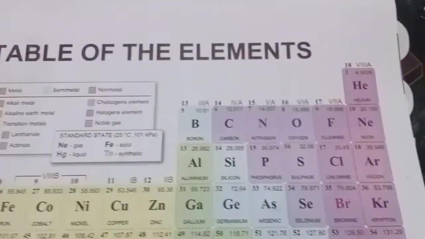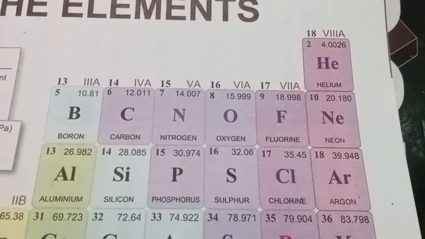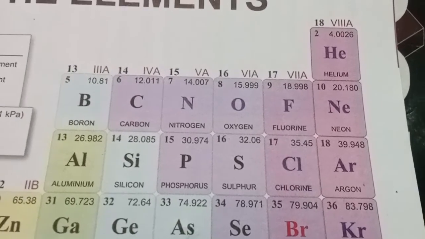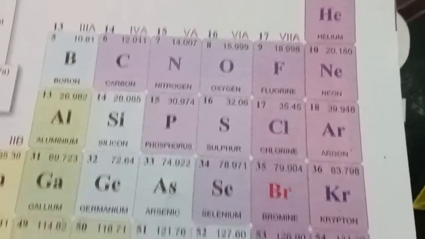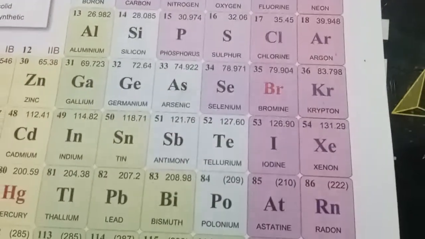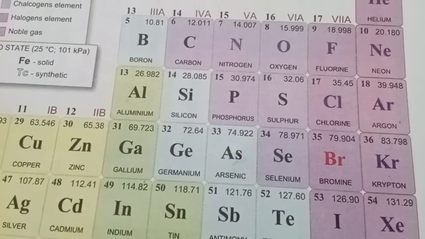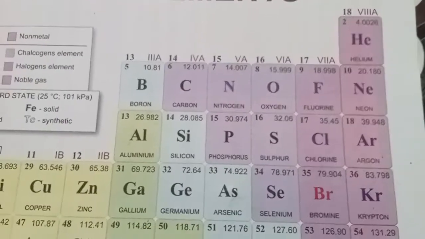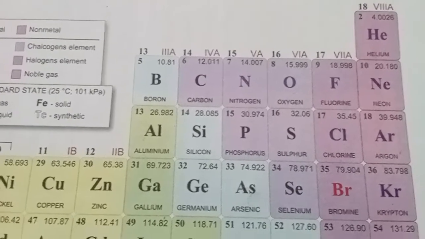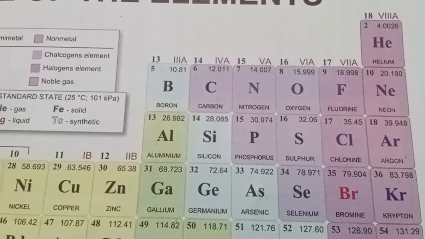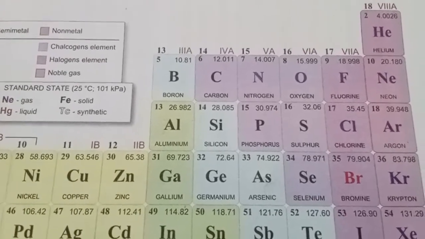See the last one, the 18th column, which contains helium, neon, argon, krypton, xenon, and radon. These are known as inert gases, or noble gases, because they are not ready to react with each other. They never react with other elements. So they are known as inert or noble gases.